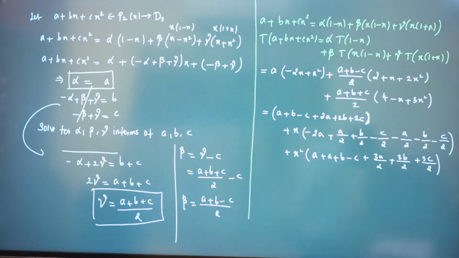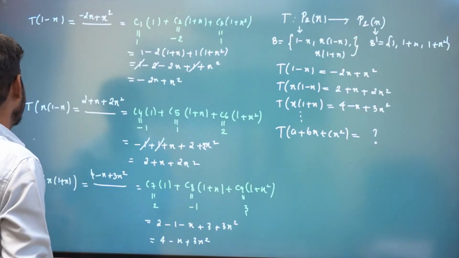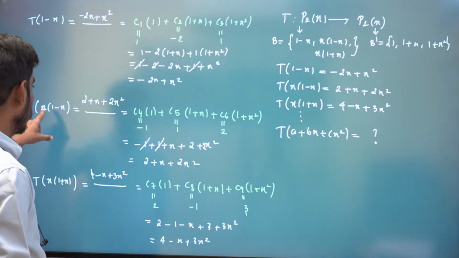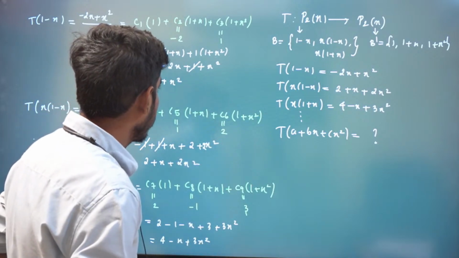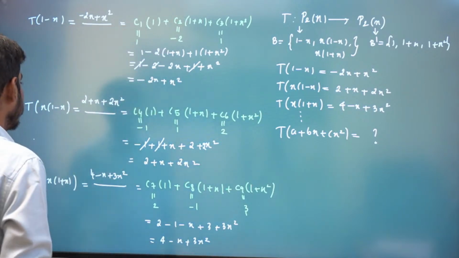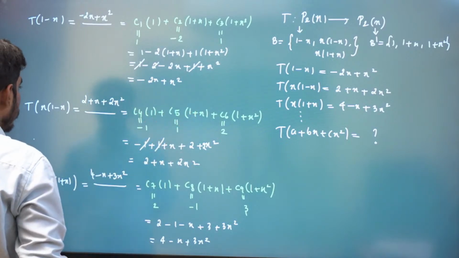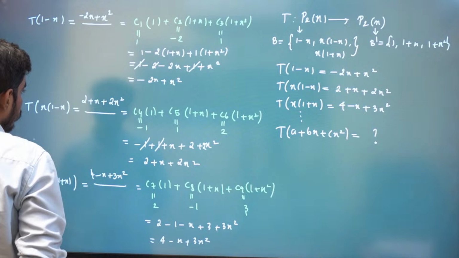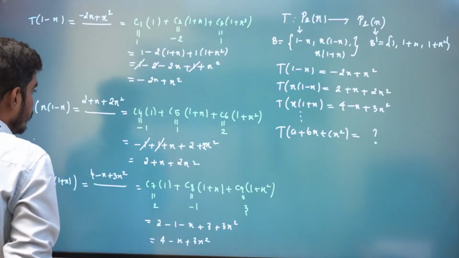T of x into 1 minus x value. Raghavi, this one. T of x into 1 minus x value. So T of x(1 minus x), 1 into 1 plus x, 1 plus x square. So we know the matrix is minus 1, 1, 2, minus 1, 1, 2.